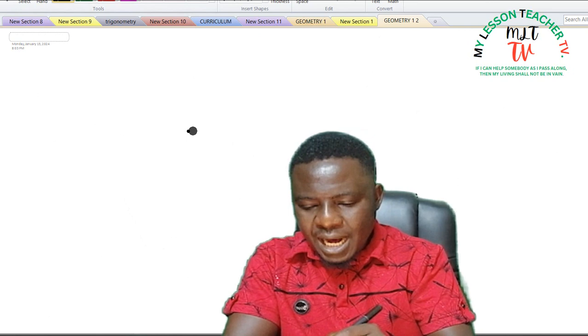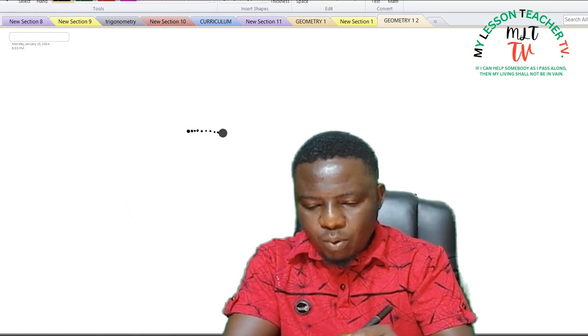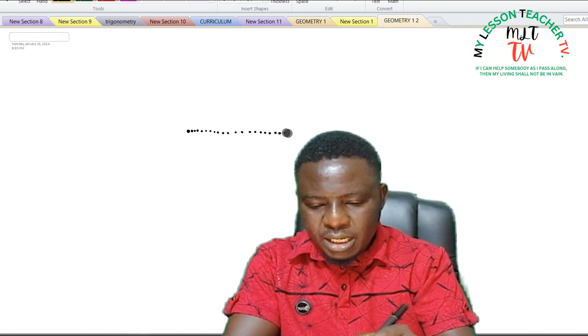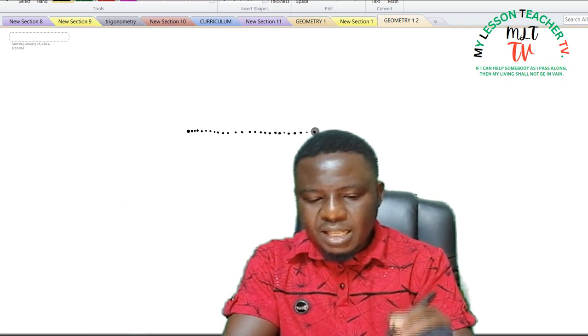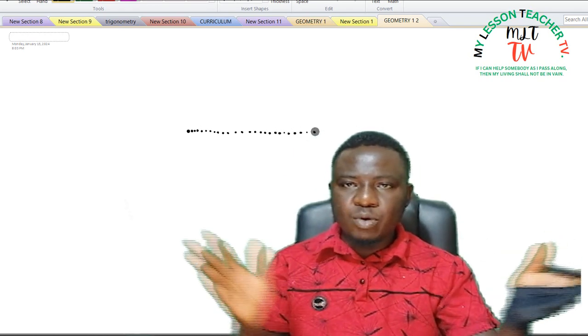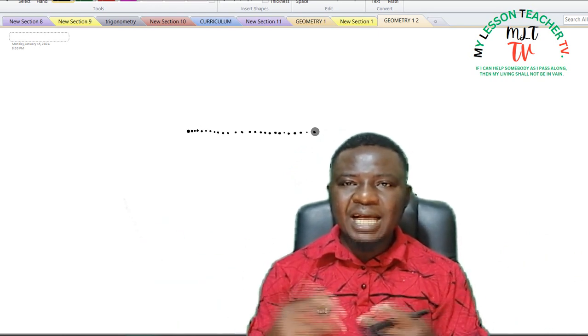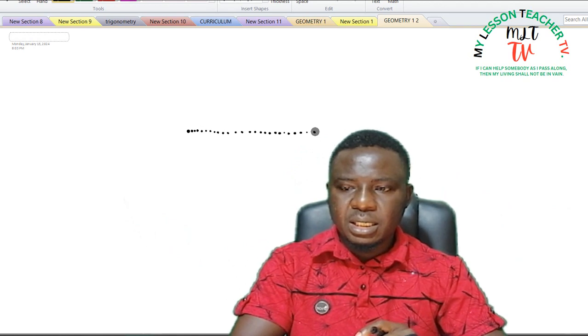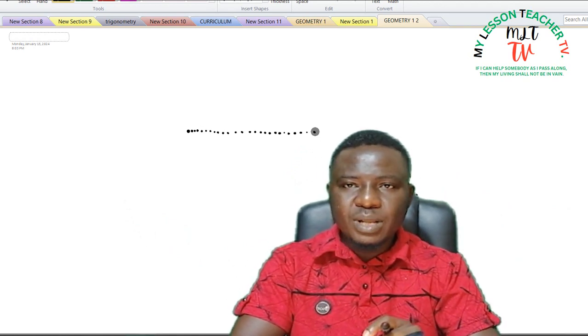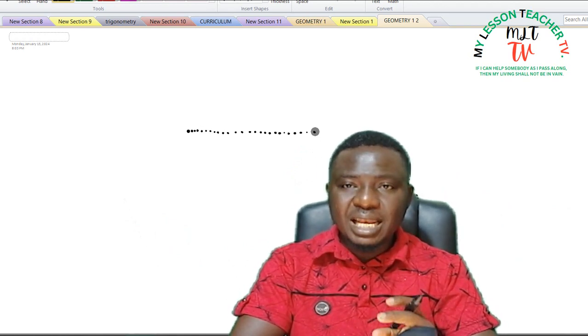So a line is said to be made up of points on a straight path that extends in both directions, both left and right. It means that a line has no end. So this is what we refer to as a line.